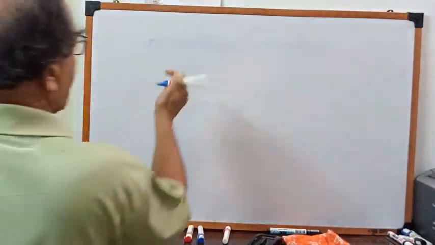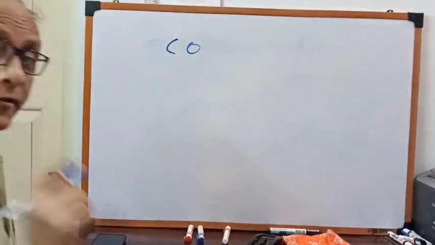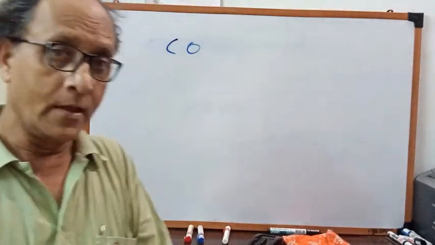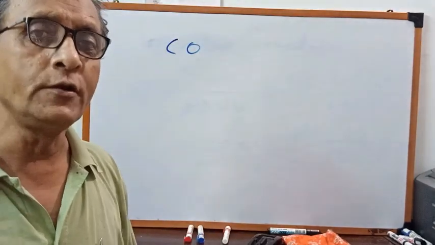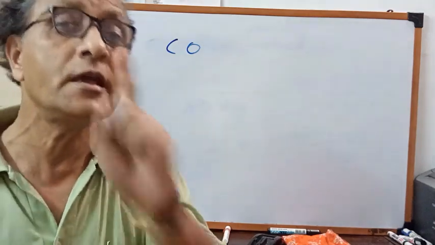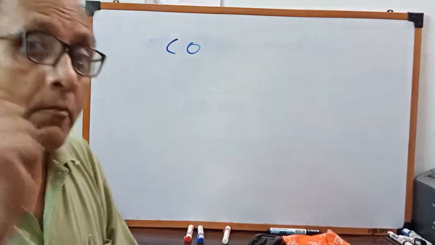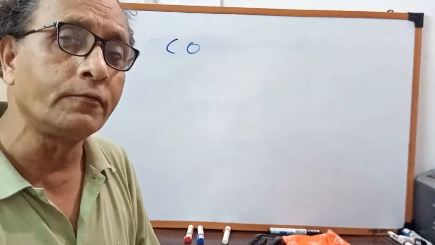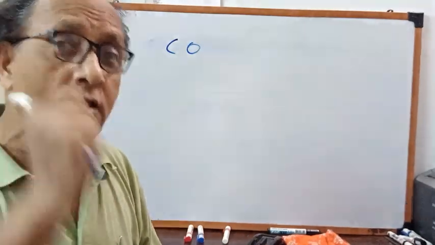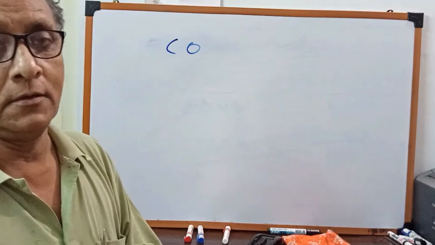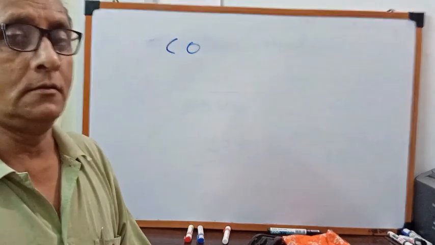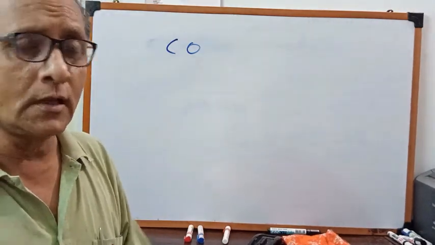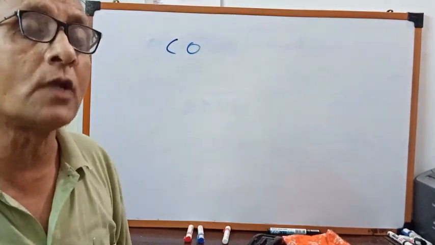So what is cardiac output? Cardiac output, as per definition, is the amount of blood which is ejected from each ventricle per minute. Please remember that. There is a lot of confusion among the students.